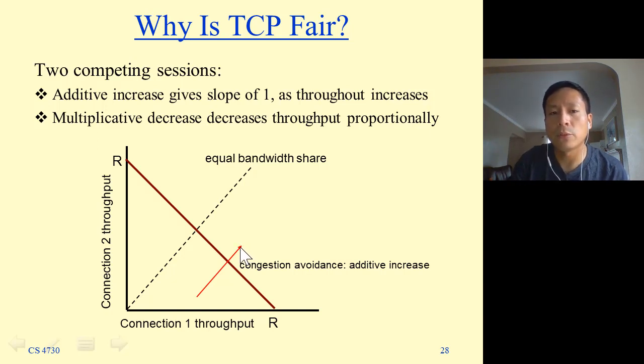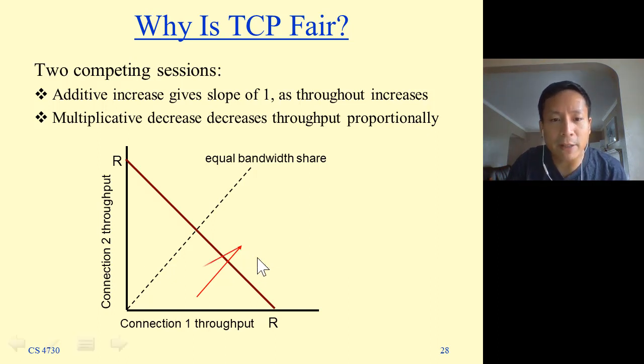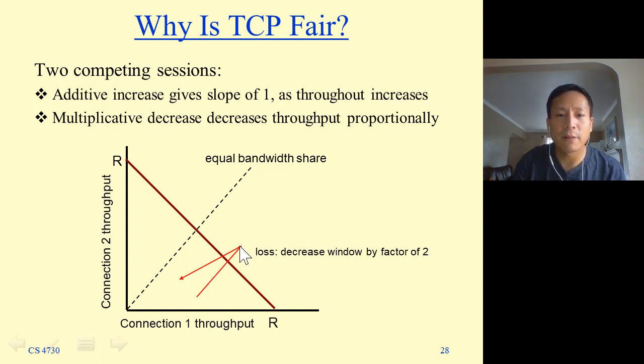So what will we do? Because congestion happens, we will do multiplicative decrease, right? Multiplicative decrease essentially means that both connection 1 and connection 2 will reduce by half. So how to draw this line? Reducing by half is this line: you reduce the x-axis by half and the y-axis by half.